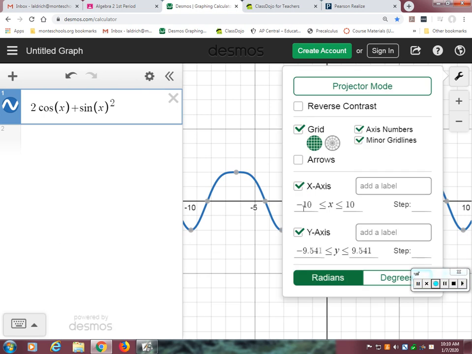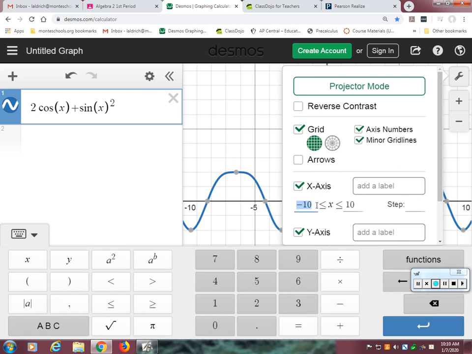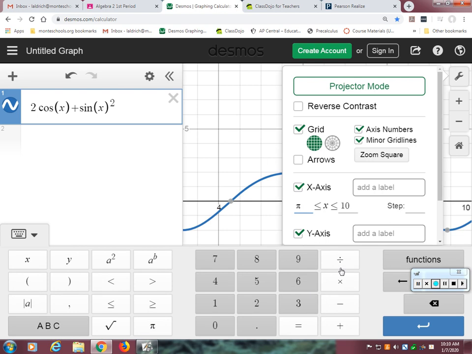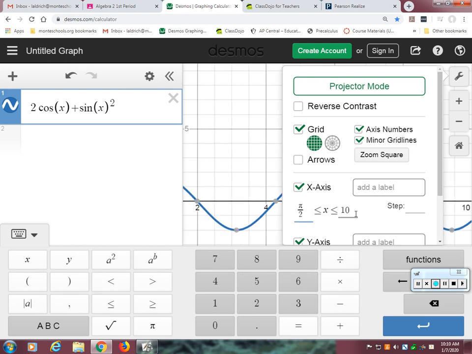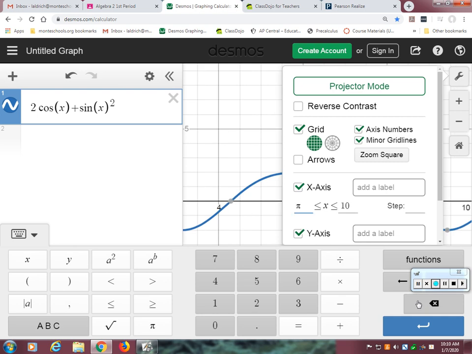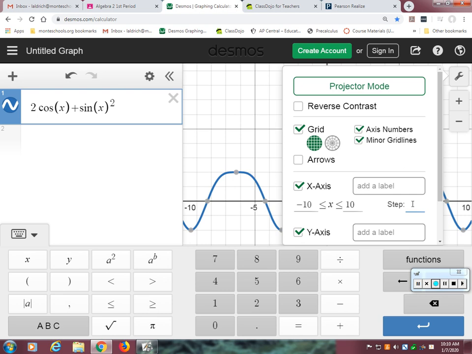Let's go. Oh, no, never mind. Hold on. Negative 10 is fine, but I want my step to be.